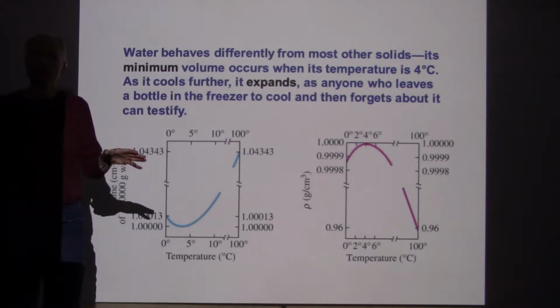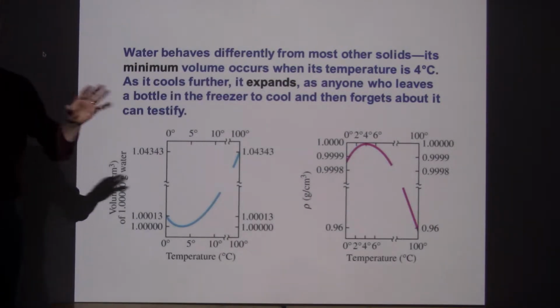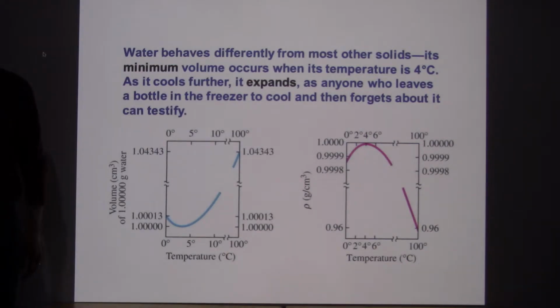So when we do calculations using these thermal expansion coefficients with water, even at room temperature, there's going to be error introduced. There's not one thermal expansion coefficient that's going to work well for water over the familiar range of temperatures. So water's kind of a special case.